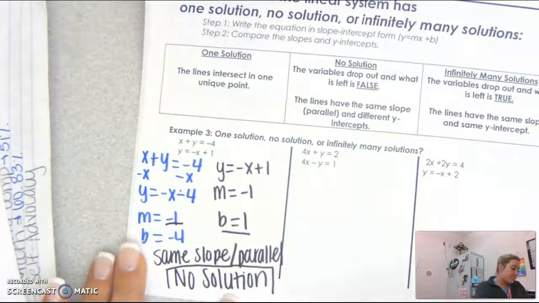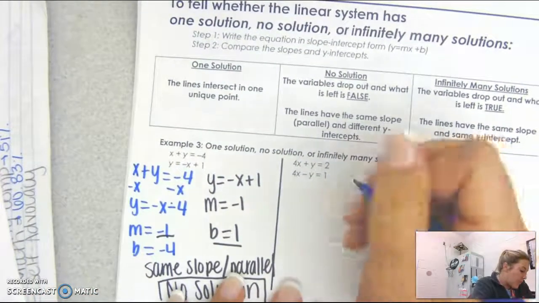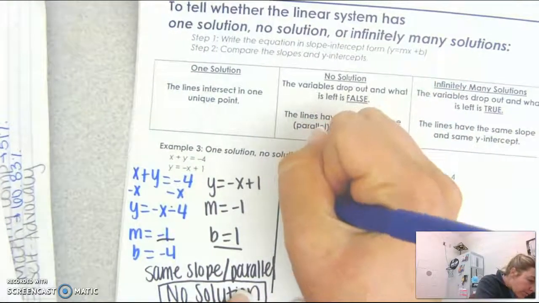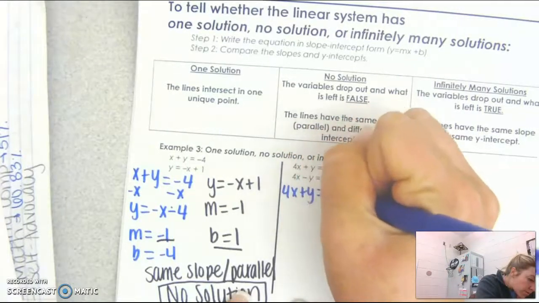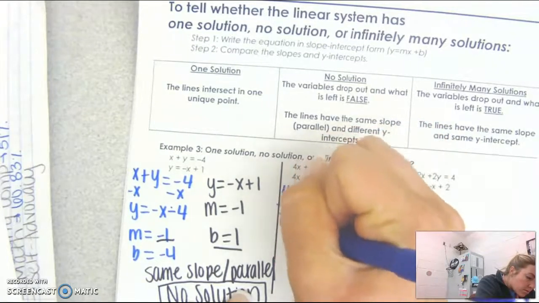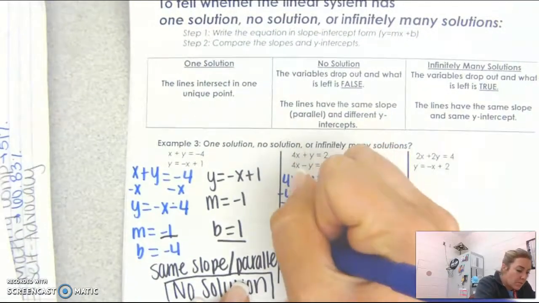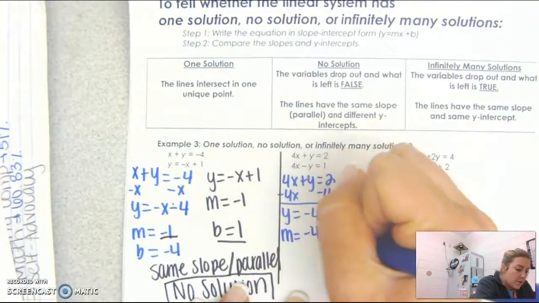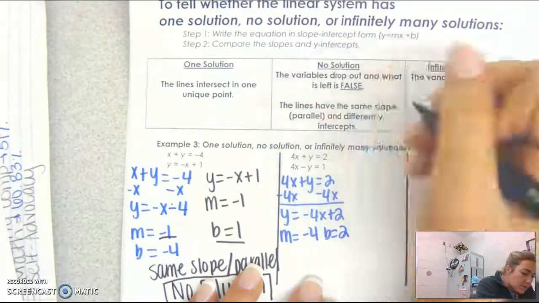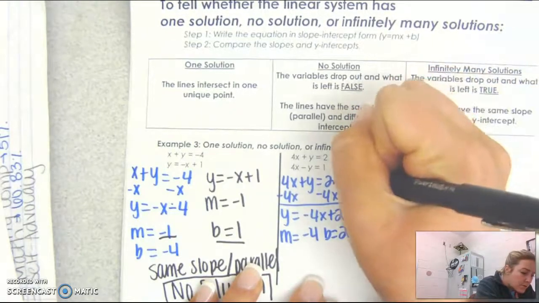All right, number 2. I'm going to get y by itself for both of these. So I have 4x plus y equals 2. Subtract the 4x. Y equals negative 4x plus 2. So my m is negative 4 and my b is 2. Do the same thing for the second equation. So I have 4x minus y equals 1.